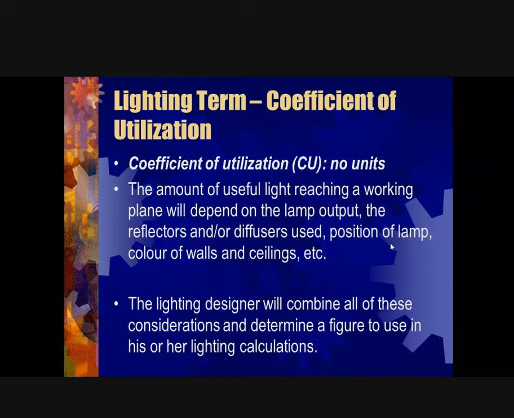If you change to a lighter paint, the room also becomes brighter, because you have increased the reflectiveness of the room. So all of these will determine your utilization factor.